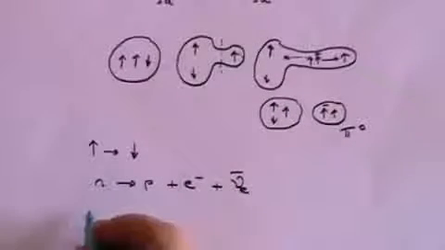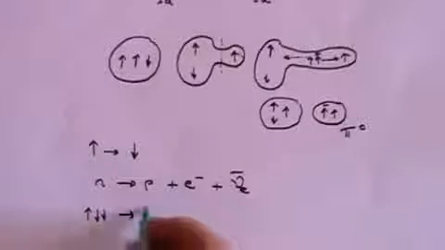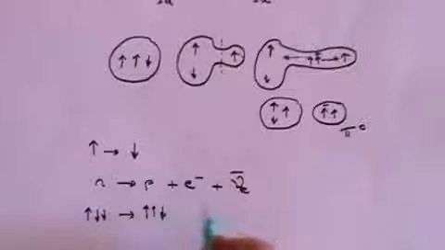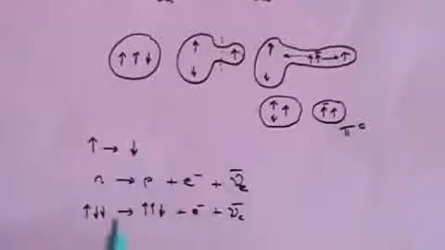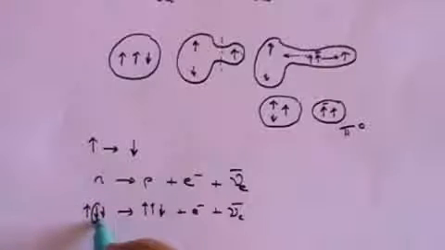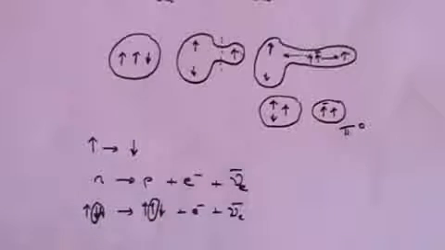And what is it? Well, a neutron is an up, 2 down, and that becomes 2 ups and a down, plus the electron, plus the antineutrino. What has happened? That quark, which was a down quark, has been converted to an up quark. And that is what the weak interaction does.